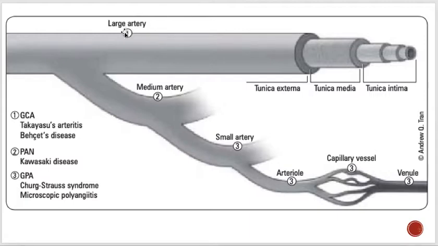They number it, and here number one is GCA. GCA is giant cell arteritis, or we also call it temporal arteritis. Of course, it affects the large vessels.